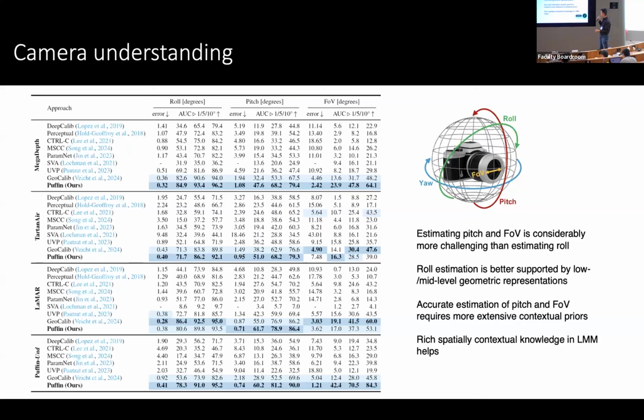But estimation of pitch and FOV require more extensive contextual priors and visual features. We found that rich spatially contextual knowledge in the LLM helped. So the unified modeling is useful.